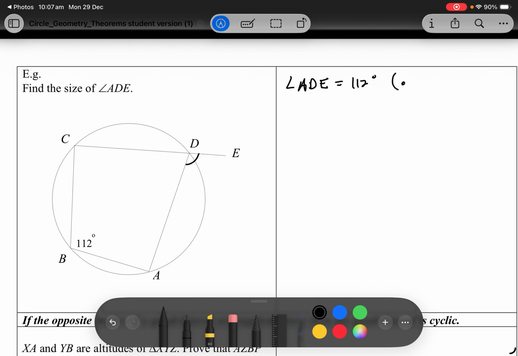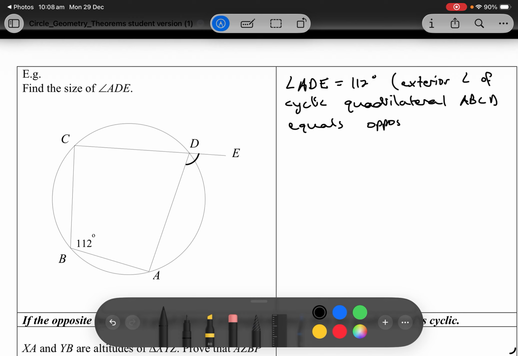The reason being that the exterior angle of cyclic quadrilateral ABCD equals the opposite interior angle.